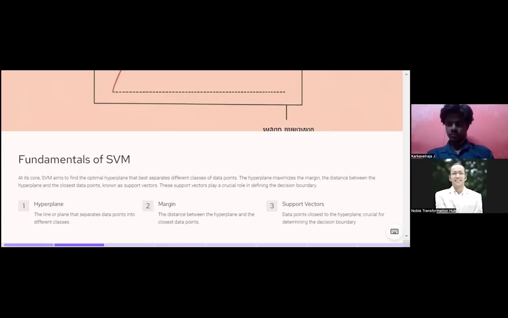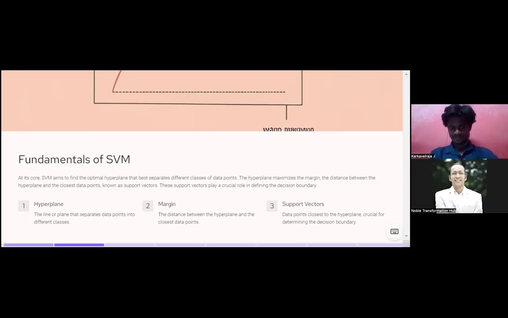If the nature is not hyper, then it will not separate different classes of data points. The hyperplane maximizes the margin, the distance between the hyperplane and its closest data points, known as support vectors. The support vectors play a crucial role in defining the decision boundaries. So that is the definition.